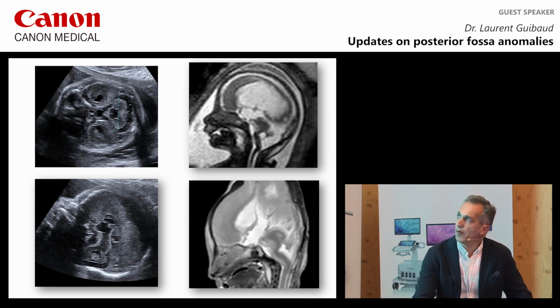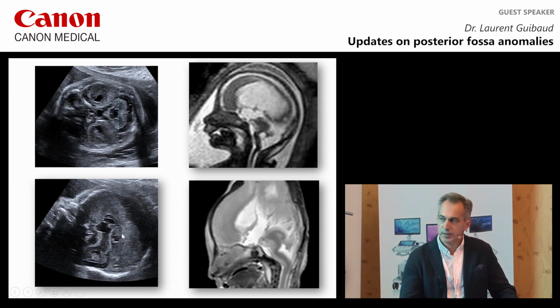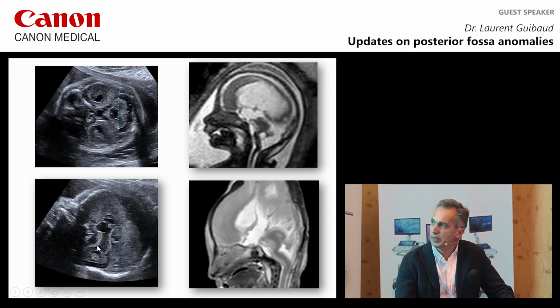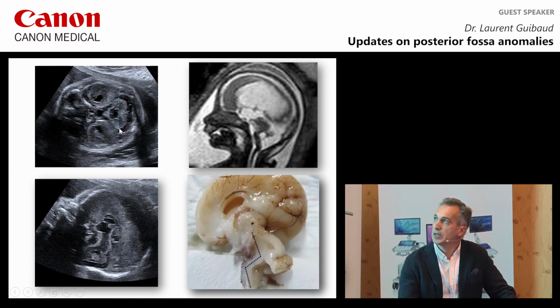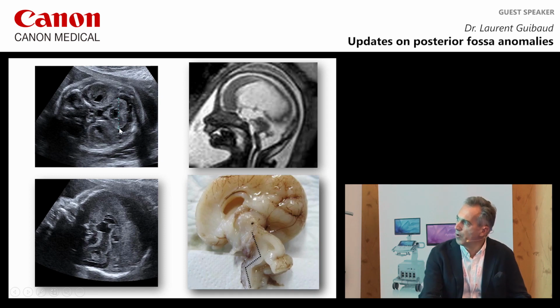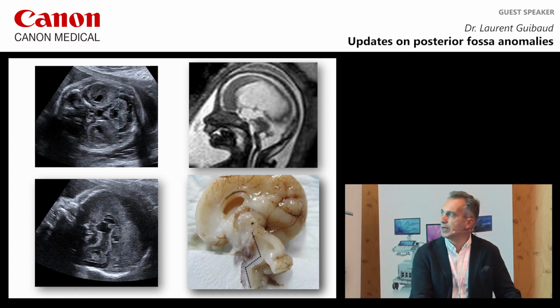If you go to the posterior fossa, you see that the overmigration is here, surrounding the brainstem and also the cerebellum, and you have the Z-shape appearance of the brainstem.